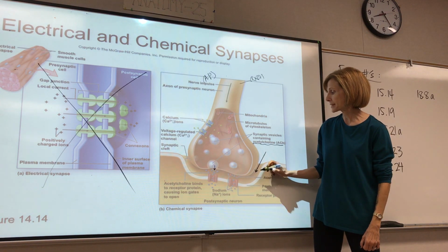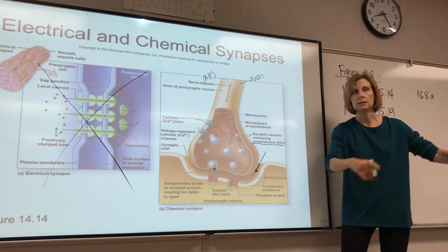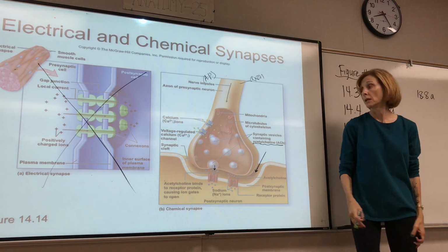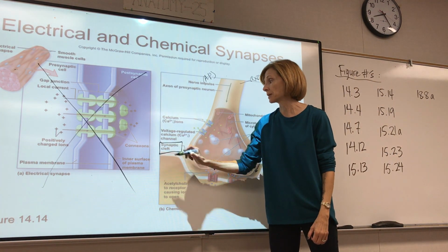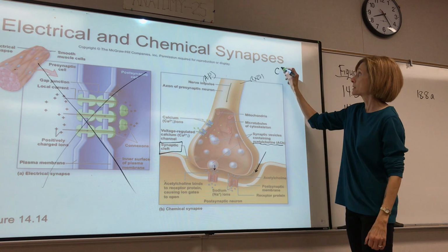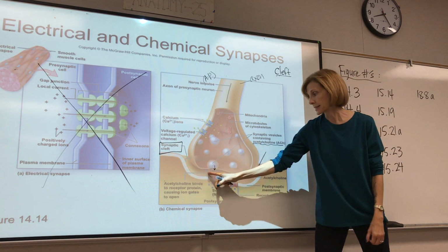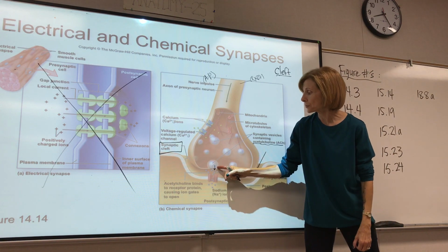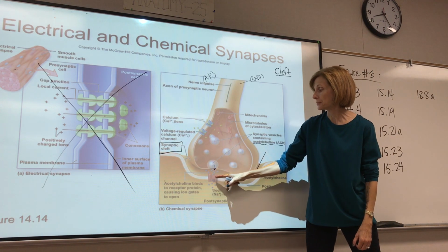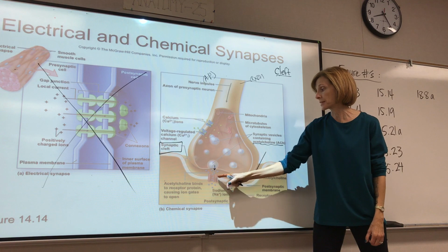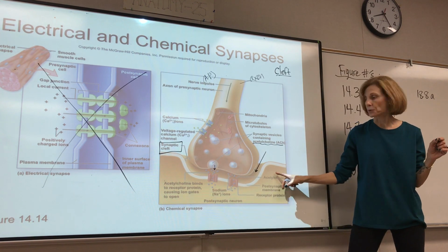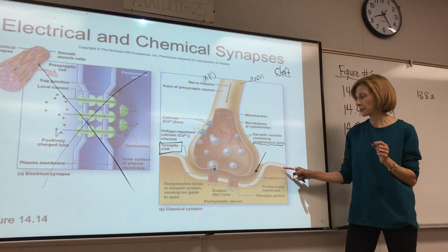Remember, this little microscopic gap here is called the synaptic cleft. Cleft means space. So this is the synaptic cleft. So the acetylcholine travels across the synaptic cleft and is binding to receptors here. But this is not the motor end plate because this is another neuron.